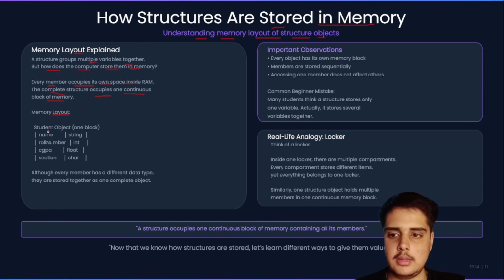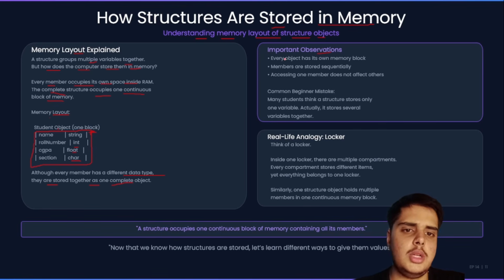See this memory layout inside a student object: name with string, roll number with int, CGPA with float, section with char, all stored in one block, and that's how structures are stored in memory. Although every member has a different data type, they are stored together as one complete object.